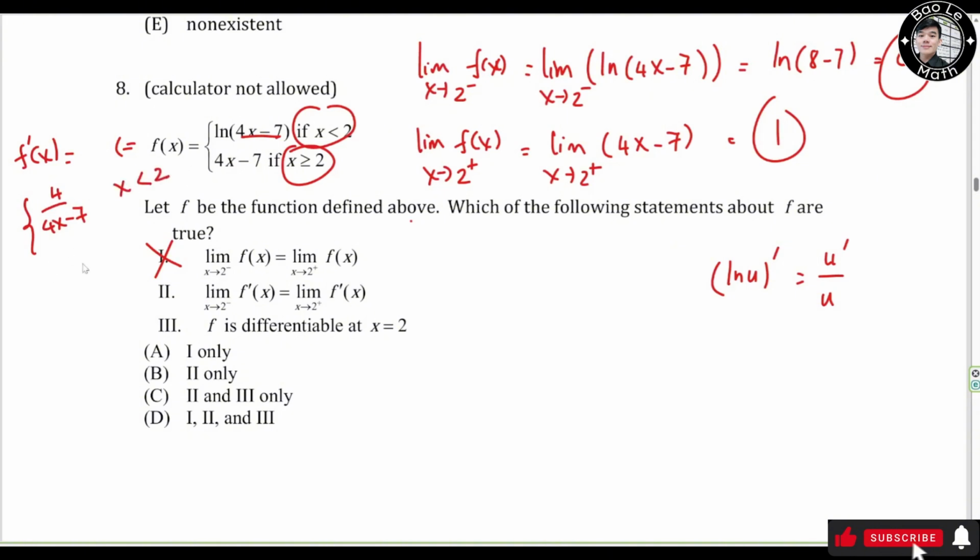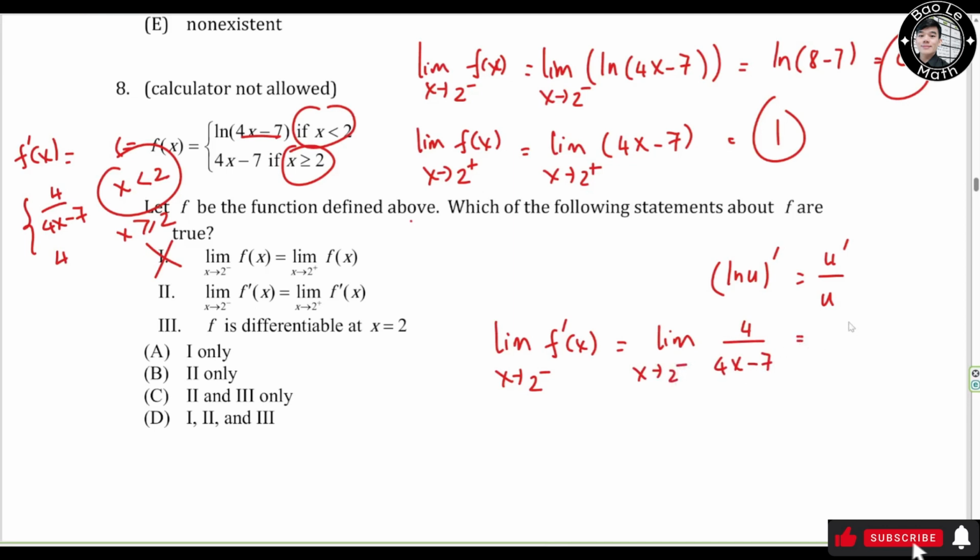And the bottom one right here is going to be 4 for s greater than or equal to 2, right? So we need to find the limit of f prime of s when s approaches 2 minus, and we're going to pick this piece right here. So it's the limit of 4 over 4s minus 7 when s approaches 2 minus, right? So it's 4 over 1, which is 4, right?